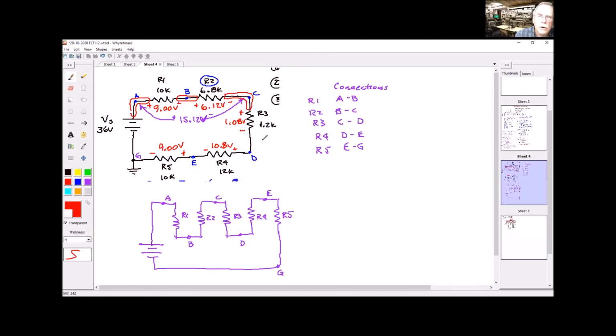And the way I'm drawing the node is, I start at a resistor, go alongside the wire until I get to the next component. I don't go through the component, I jump over and double back along the side of the wire till I get to the next component, and then I jump over. So if I started here, I go along the side of the wire, I get to the next resistor, jump over and double back.